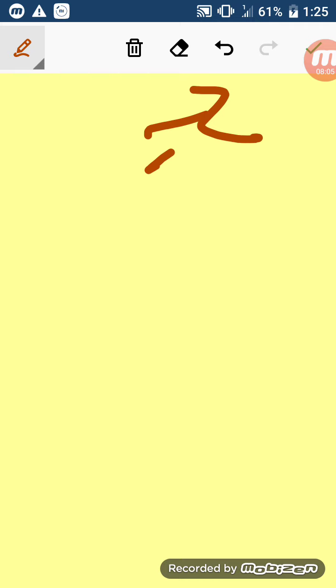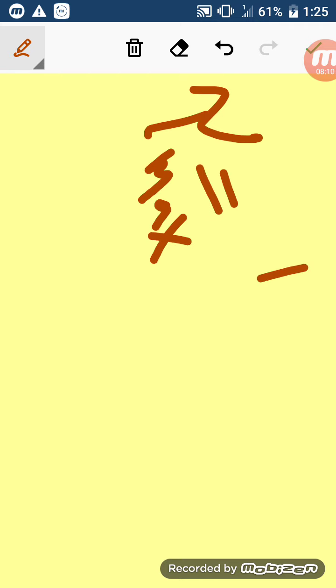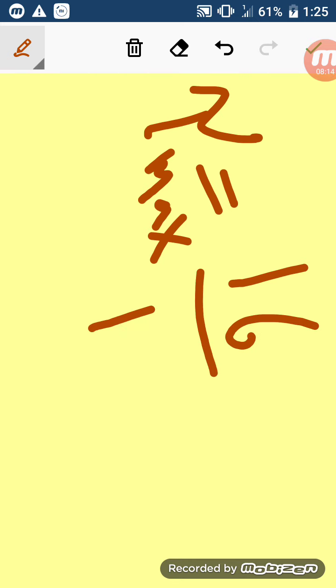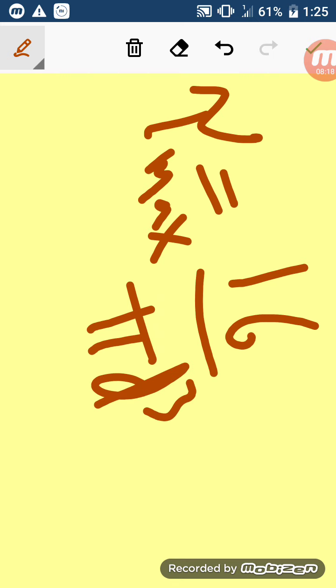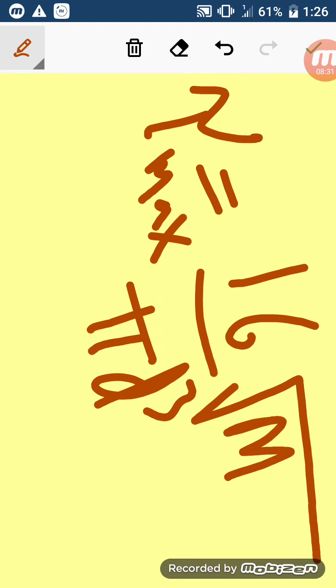So we know tau max is equal to what? 16 upon pi d cube times the square root of M square plus T square.